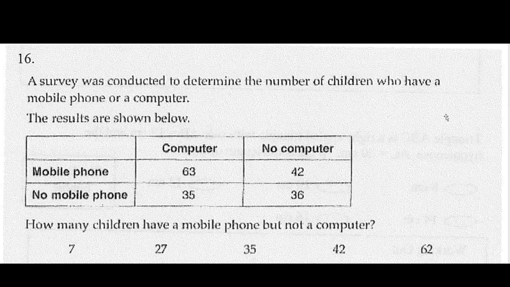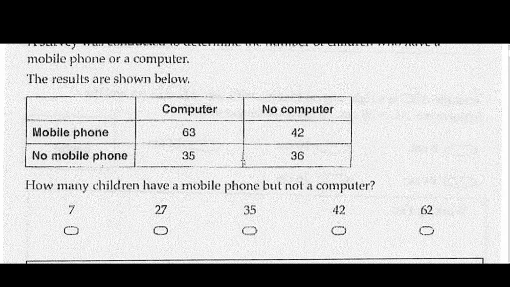Okay? Question 16. A survey was conducted to determine the number of children who have a mobile phone or a computer. How many children have a mobile phone but not a computer? Alright, so here we've got a two-way table, and how many children have a mobile phone but no computer?